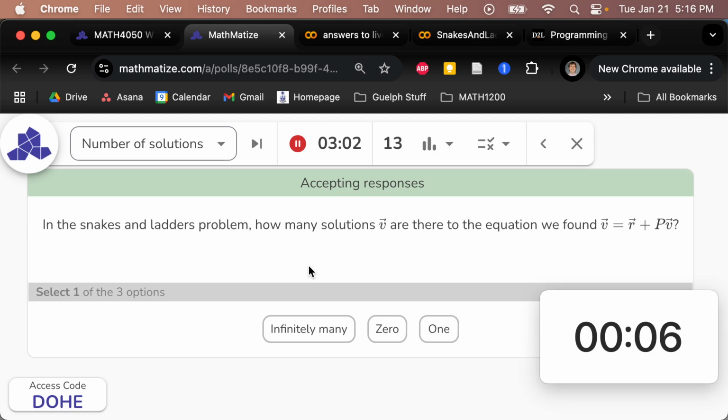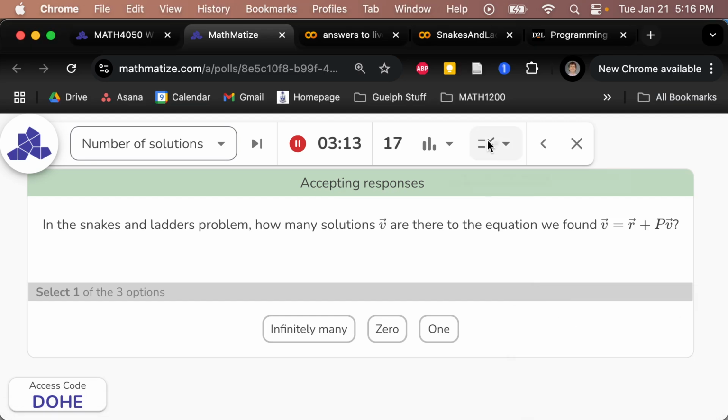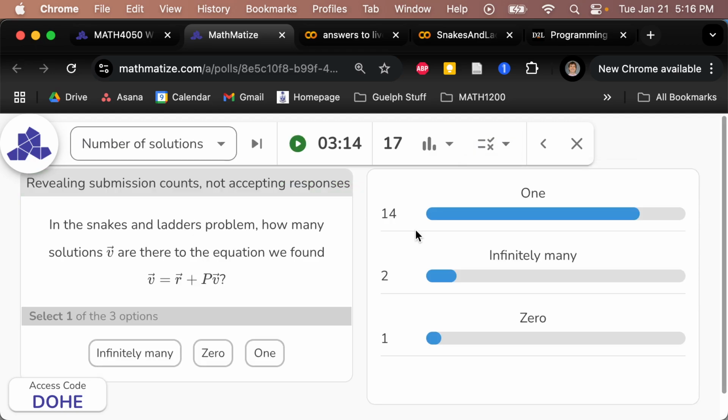All right, 5 seconds left. Put in your final guesses. Okay, let's take a look. People said 1. 14 people think there's 1 solution.